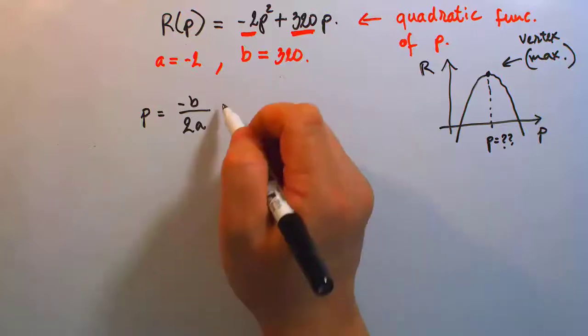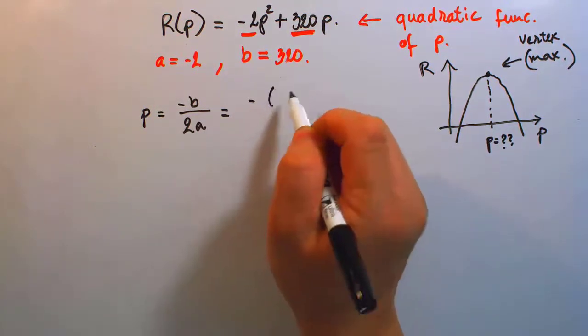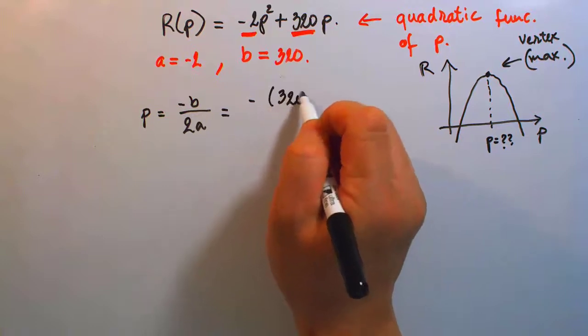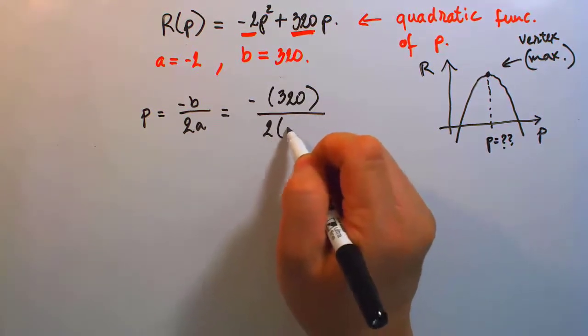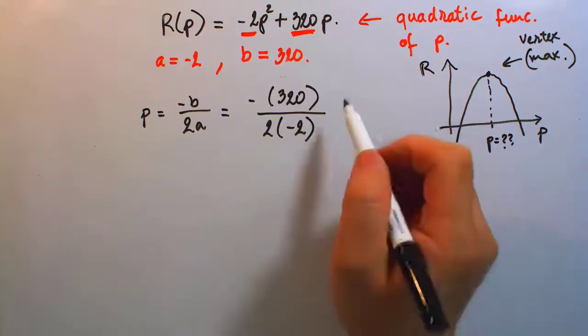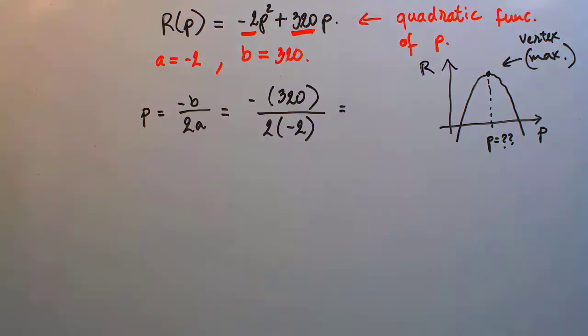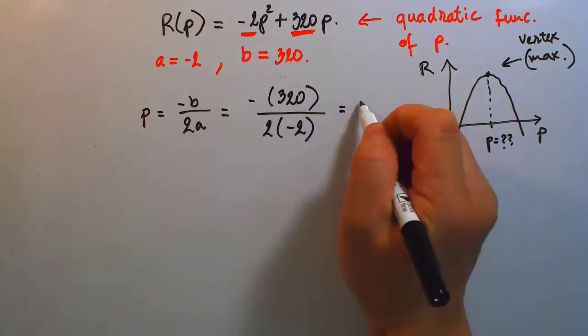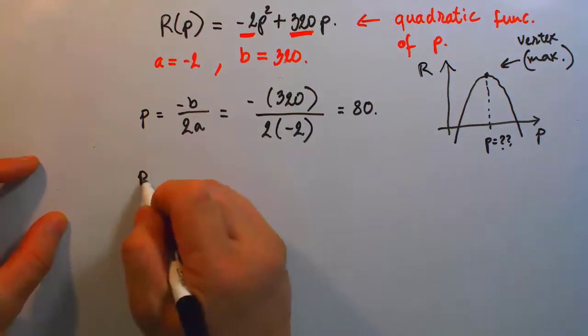After substituting in the values, we get minus, in parentheses, 320 divided by 2 times negative 2. And that comes out, after calculation, being 80. And we actually found our answer. So P equals 80.